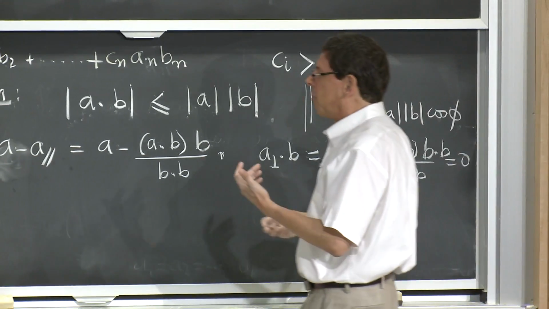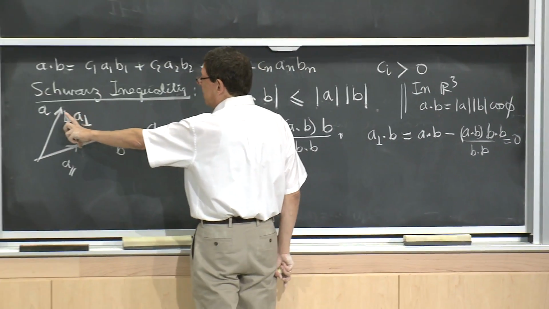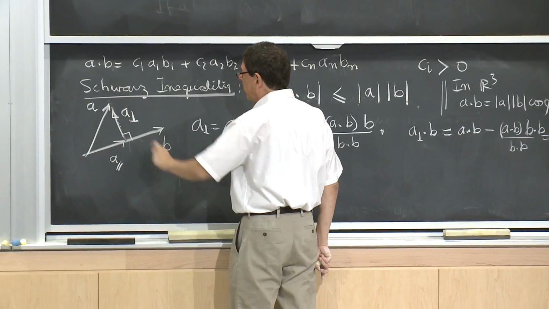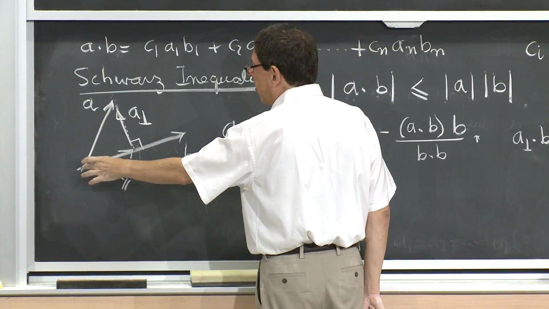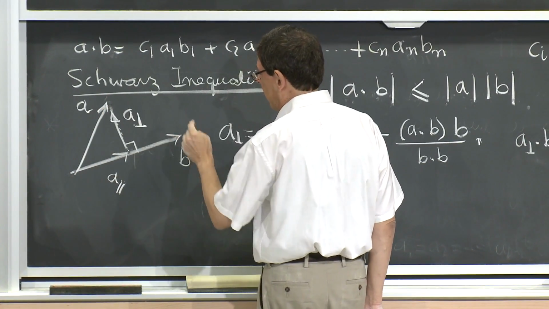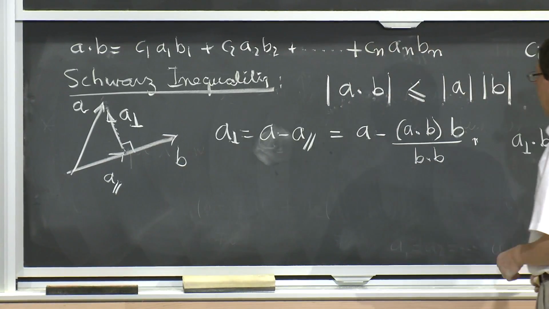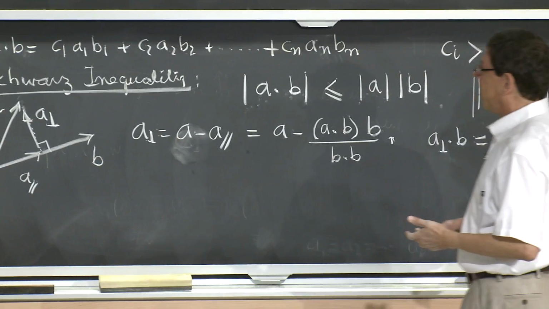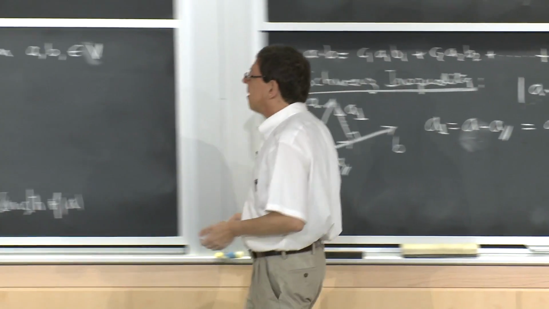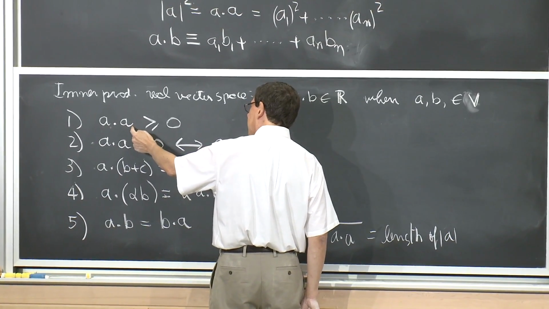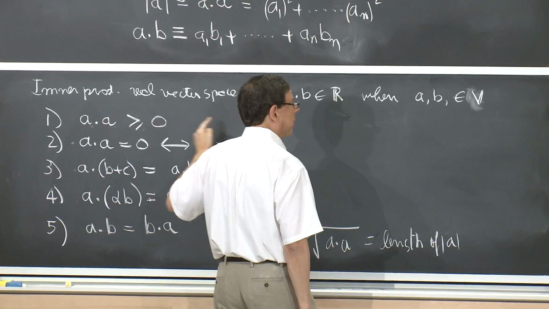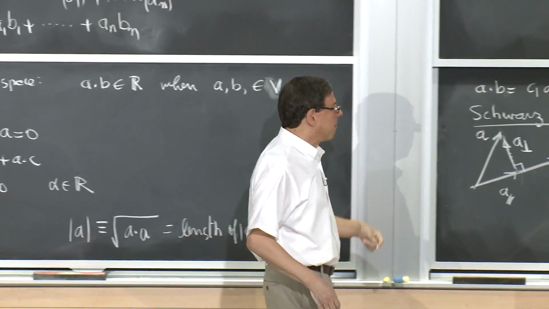Therefore, it's reasonable to think that the reason this inequality is true is because A perp is non-zero, because A perp being non-zero means that A is not parallel to B. And therefore, we should try to see that A perp squared, because of the first axiom, must be positive. So let's just compute that.